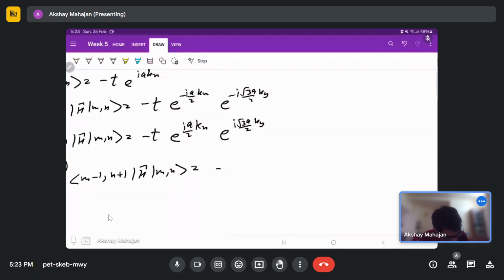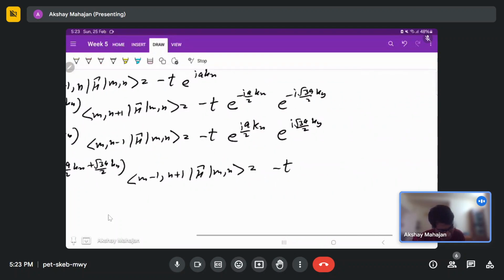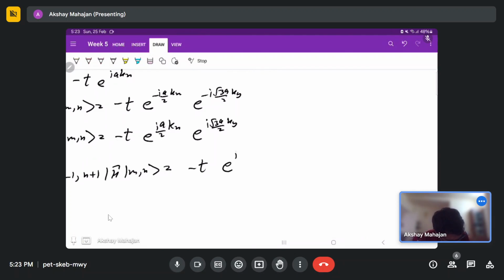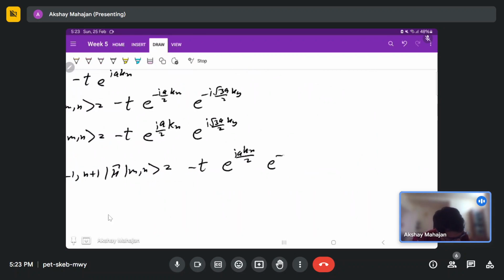The hopping integral is just minus t, and then this will become e to the power iota a kx by 2, and e to the power minus iota ky root 3 a by 2.